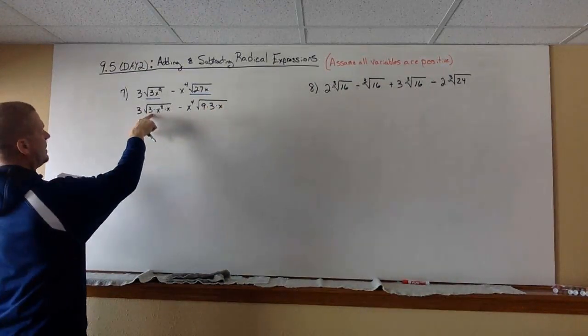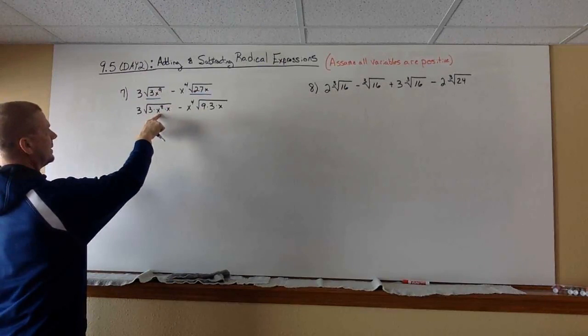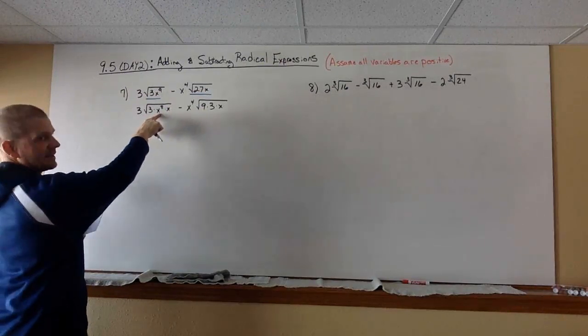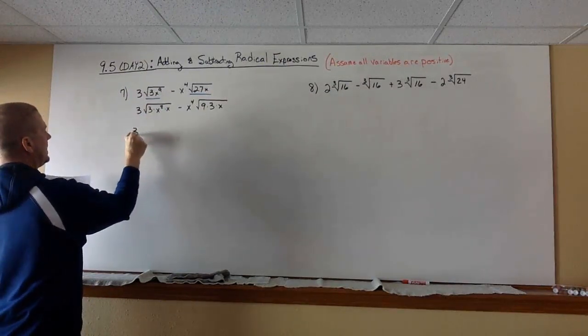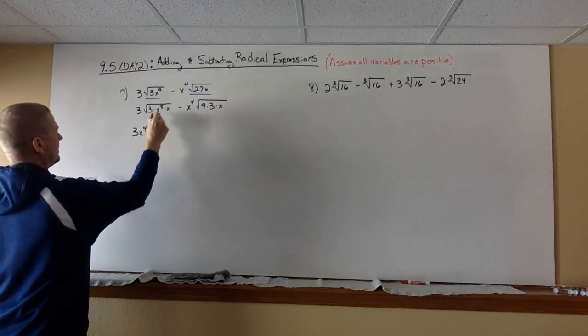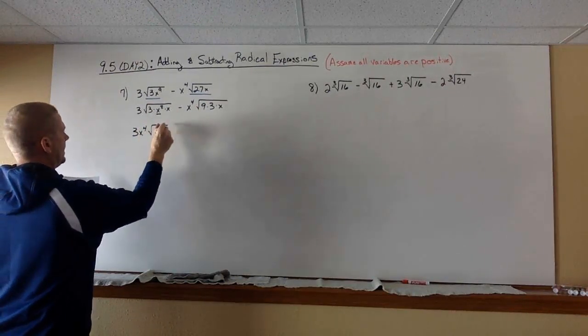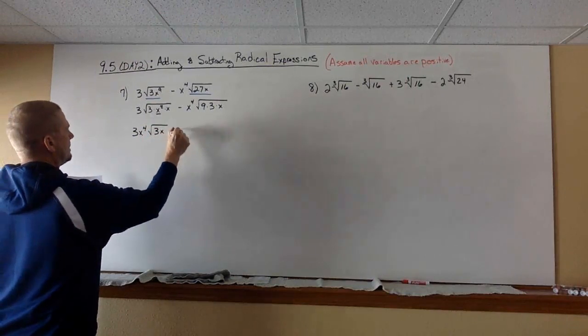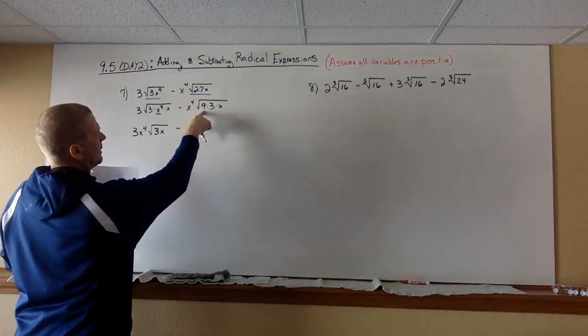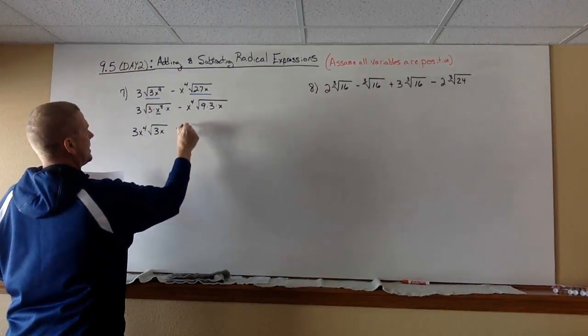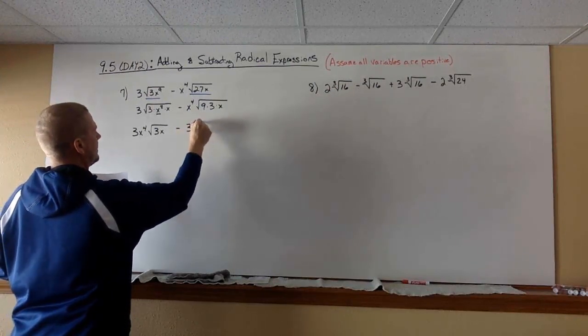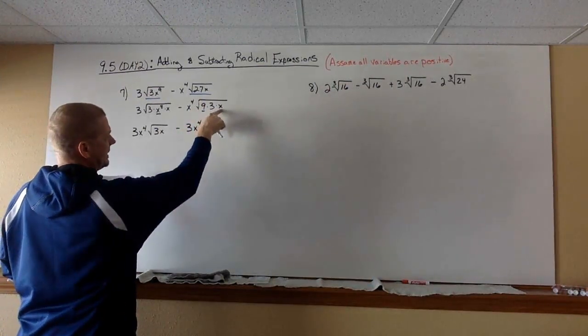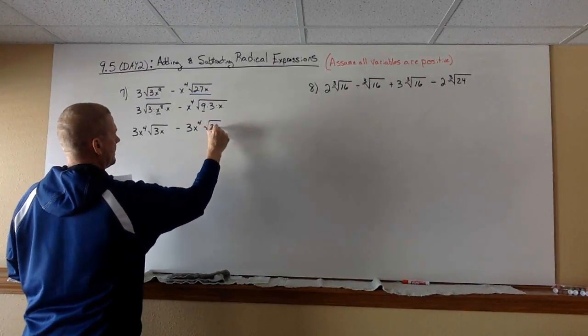Okay, there's no perfect squares in 3, but the square root of x to the 8th power, that's x to the 4th. So I have 3x to the 4th, perfect square there. And that leaves me with a 3x underneath, minus perfect square of 9 comes out, so that's 3x to the 4th. And the 3 and the x stay underneath.